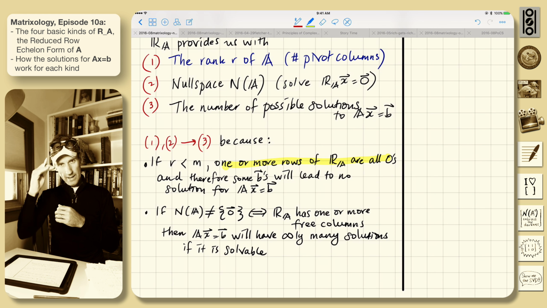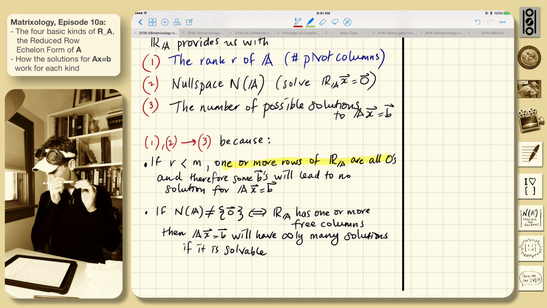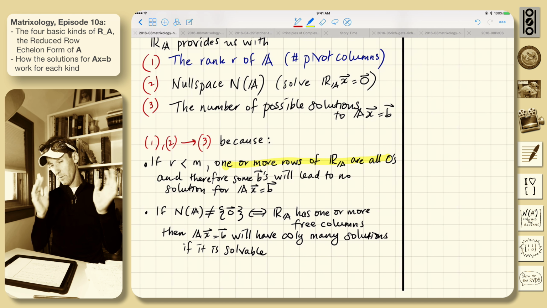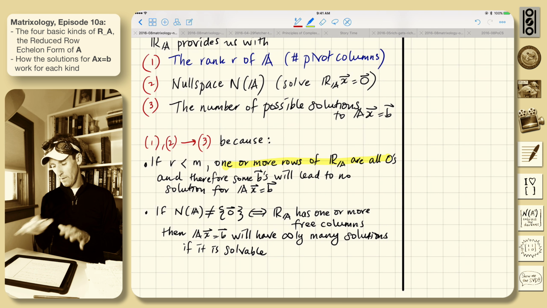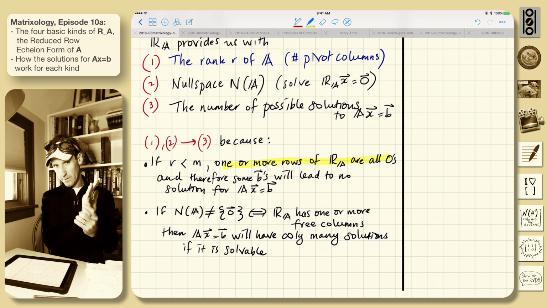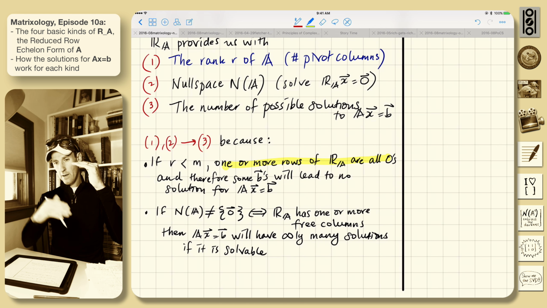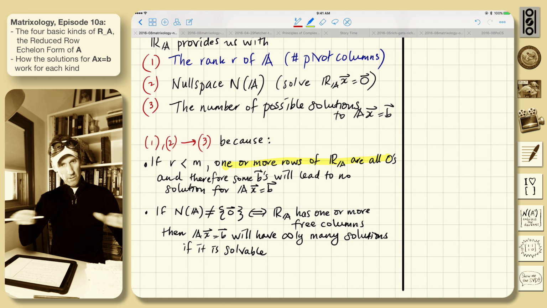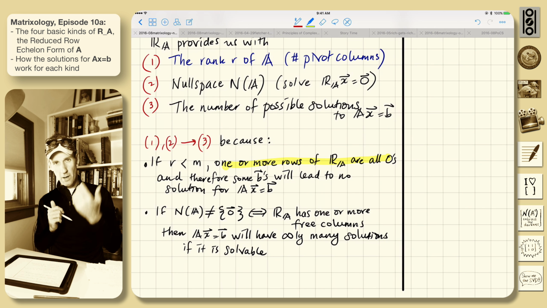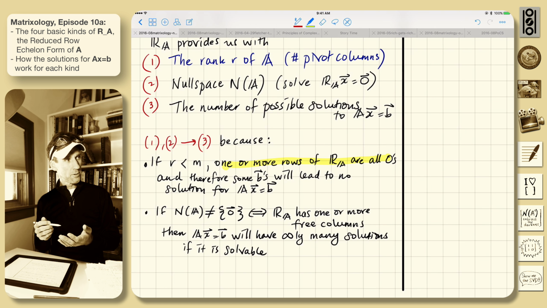So if the rank is less than m, going from columns to rows, so if the number of pivot columns, that's r, is less than the number of rows, then we will have 1 or more rows of zeros, which means it's possible to have no solution. We could have 1 or infinitely many, but it depends now on B.